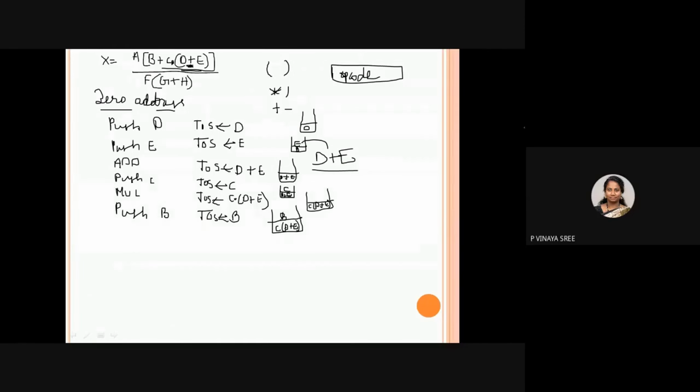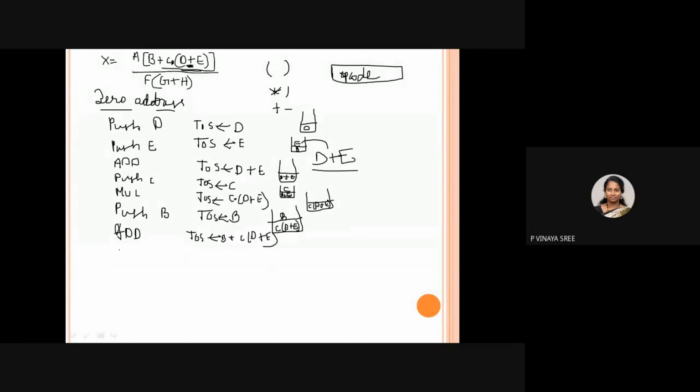Next is add. Yes, we need to perform add, so the top of the stack will be B plus C into D plus E.